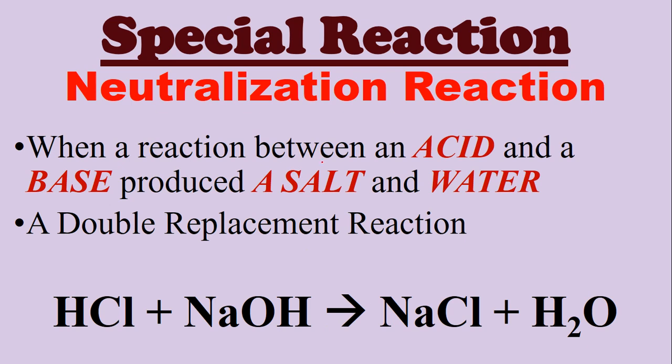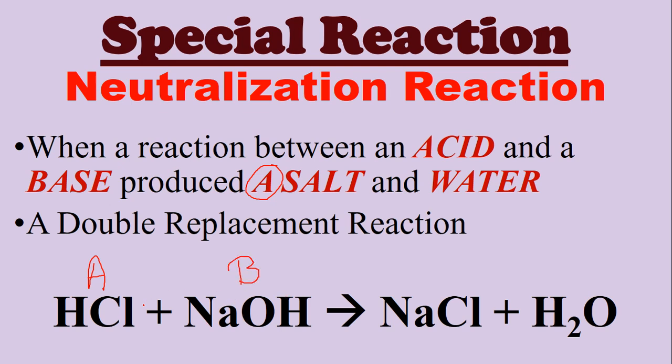See how it says a salt, not always salt when you think of NaCl, but a salt, anything that doesn't start with H or end in OH, and it's going to produce water. It's also a double replacement reaction. So we look at this equation down here, HCl is the acid, and NaOH is the base.